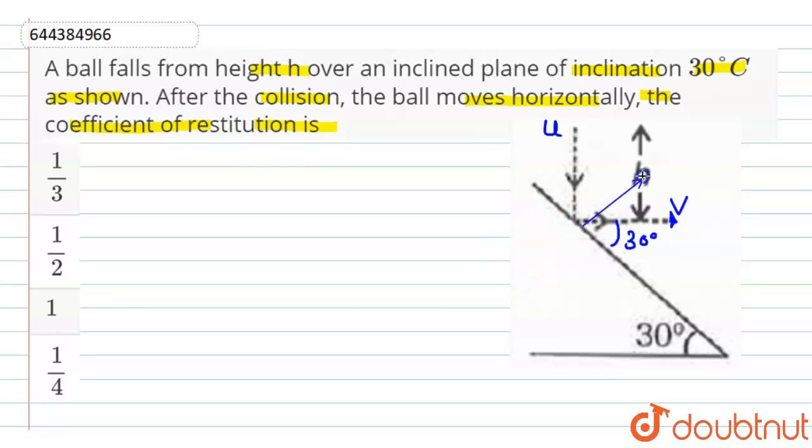Here, the vertical component will be v sine of 30 degree and horizontal component will be along the inclined plane, which is nothing but v cos of 30 degree.